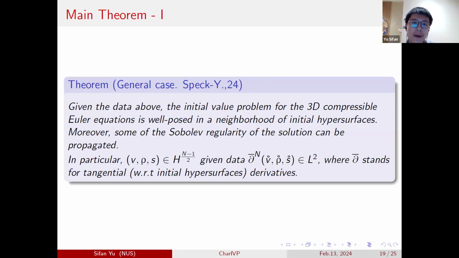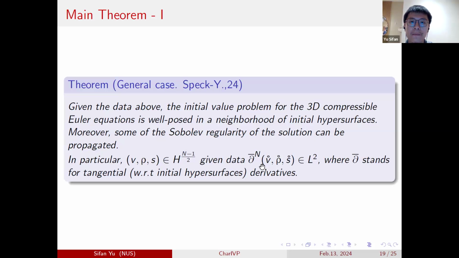So we show that the solution is well posed in a neighborhood of the initial hypersurfaces, well posed in the characteristic neighborhood, same as what Luk did. Moreover, the Sobolev regularity can be propagated in such a way.